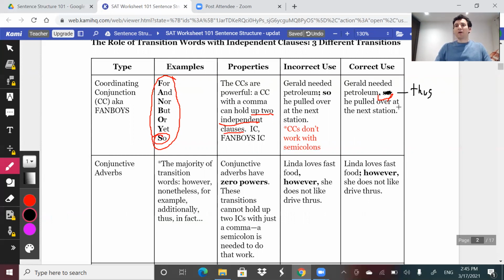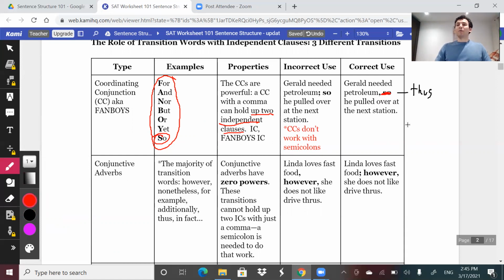Thus he pulled over at the next station. That would not work. That would actually be a comma splice again. So with the so, we're okay. We're able to hold up 2 independent clauses with just a comma. With any run-of-the-mill transition word that's not a coordinating conjunction, it's still a comma splice.